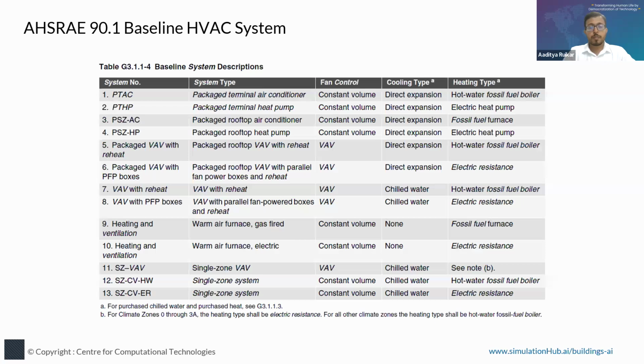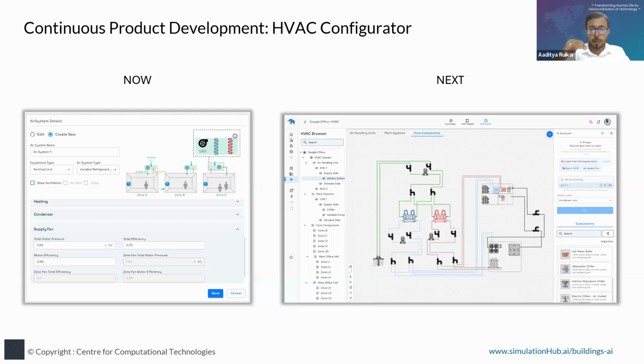So basically this covers it, and in the next quarter we are coming up with more. Currently we are only allowing users to change properties of the system. These are predefined HVAC systems, and all the components are predefined. You can only change the properties here.